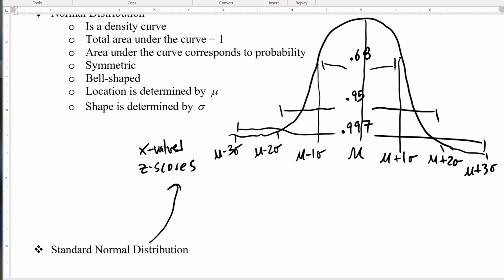When we standardize it, the mean has a z-score of 0. And then as I go to the right, 1 standard deviation would be 1, 2 would be 2, 3 would be 3, and over here we would have negative z-scores. So these would be our standardized normal distribution. Still bell-shaped, but now we have these standard numbers that stand for the mean and standard deviations.